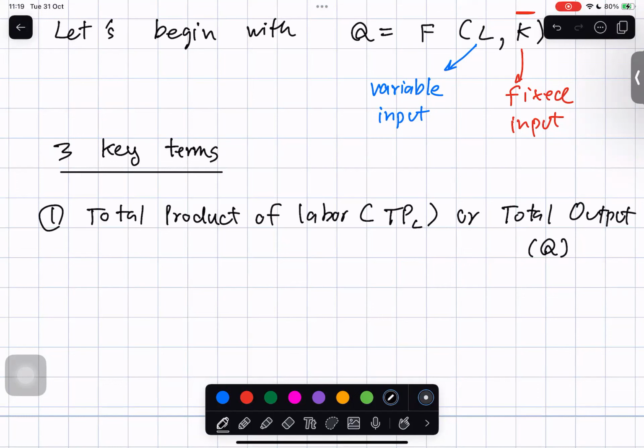The first one, total product of labor, TP subscript L, or we can call it total output.